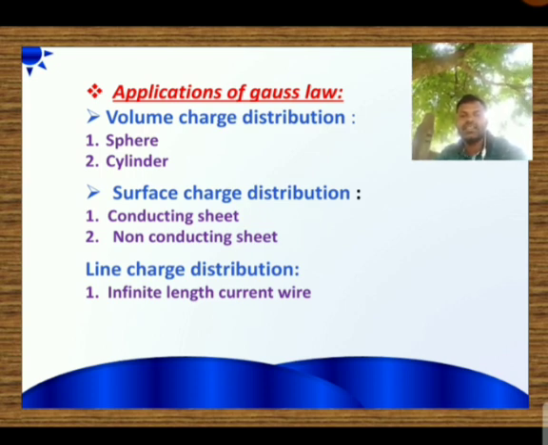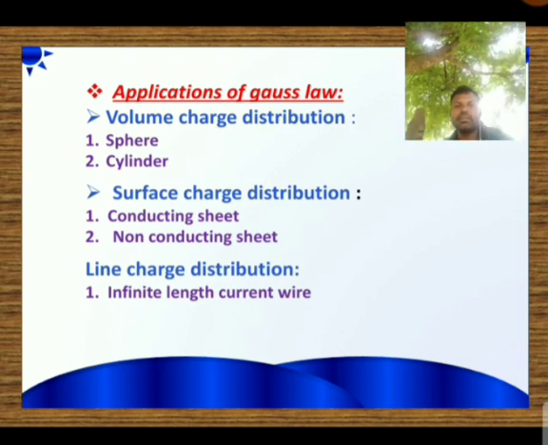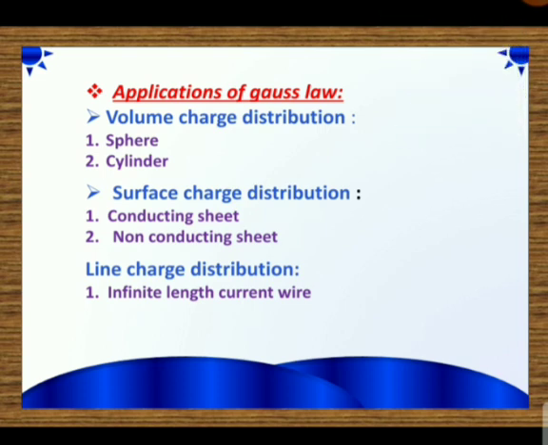If there is a non-conducting surface or conducting surface, then you can find out electric field intensity, or you can find electric field intensity due to a line charge distribution, like a wire of infinite length.